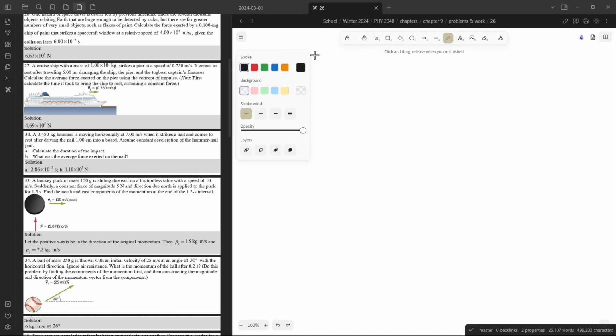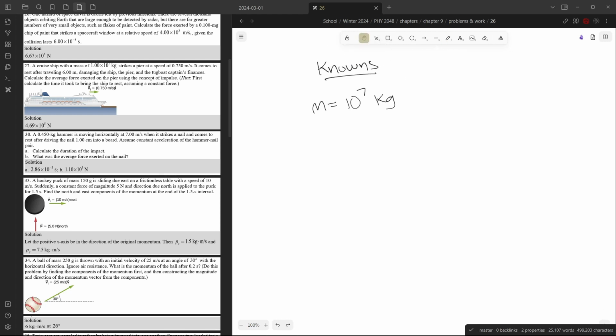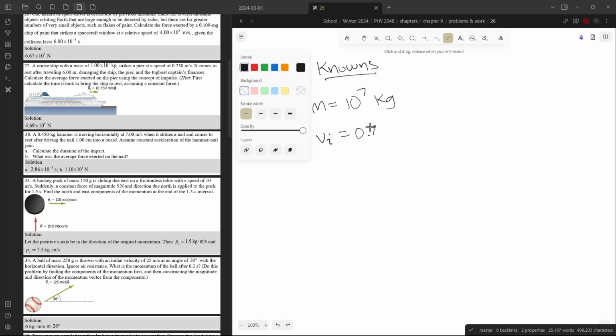Alright, so let's write down what we know. Our knowns. The mass of the ship is 10 to the 7 kilograms. The speed, its v initial, was 0.75 meters per second.